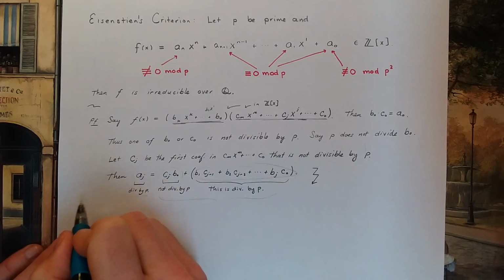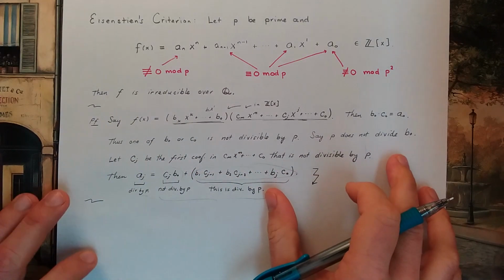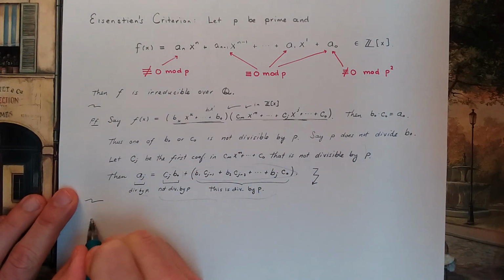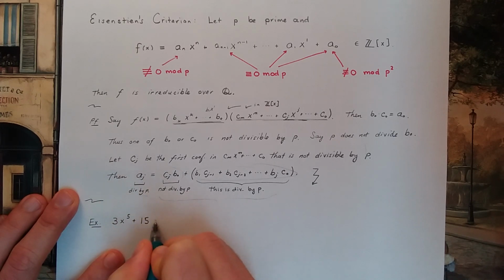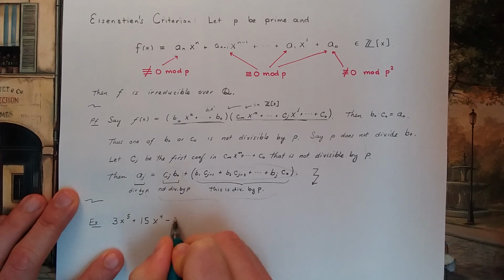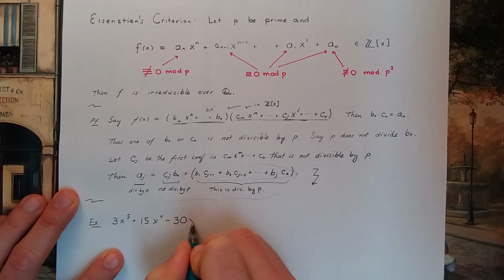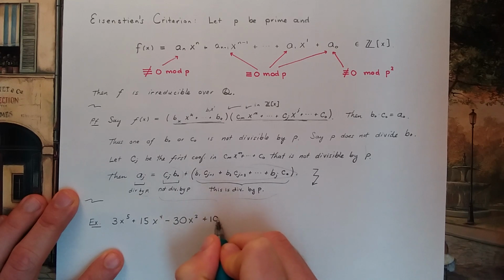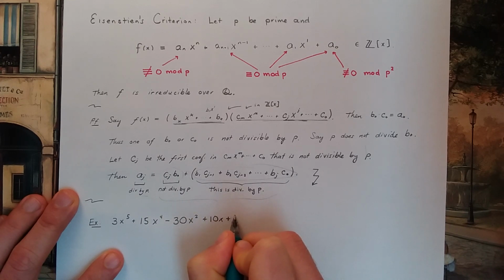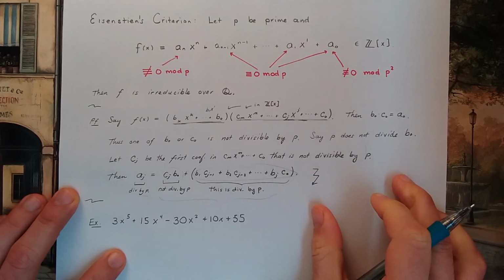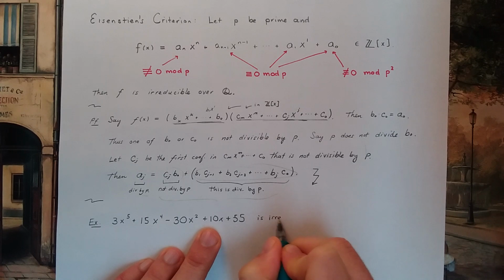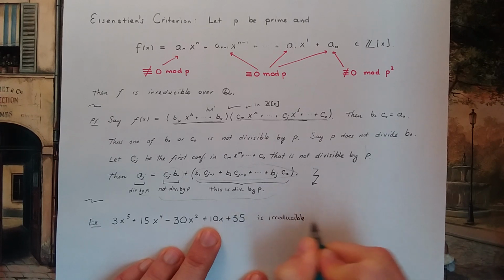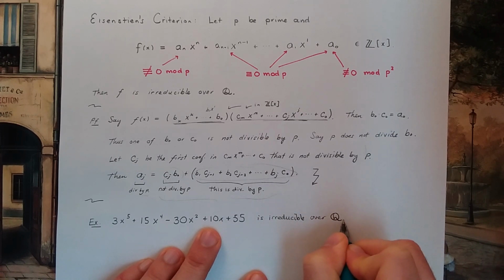So that's a proof of Eisenstein's criterion. Let's do an example of this theorem. So let's see here. What if I did 3x to the 5th plus 15x to the 4th minus 30x squared plus 10x plus 55? I claim that this is irreducible over the rationals.